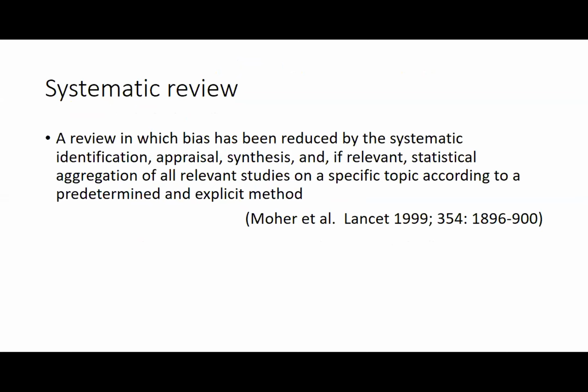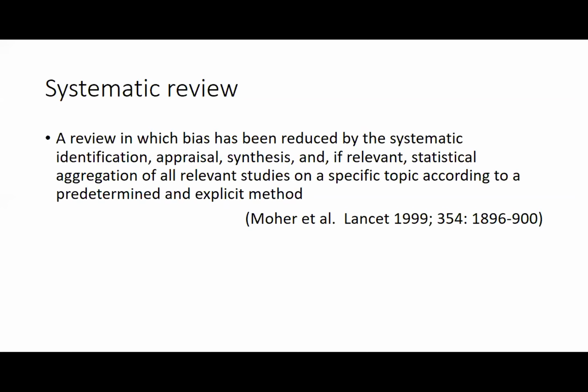So what is a systematic review? This is one of the formal definitions. It's a review where bias has been reduced, and some of the key words are that it's been reduced through systematic identification, then appraisal, and then synthesis. And where relevant, even doing what's called statistical aggregation, and that is where meta-analysis fits in.